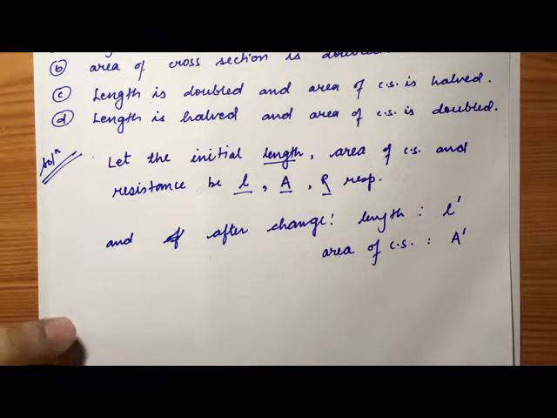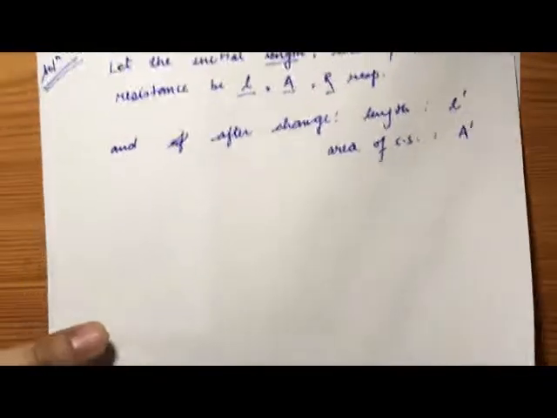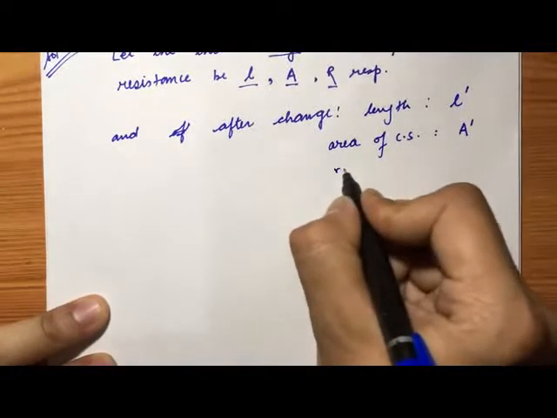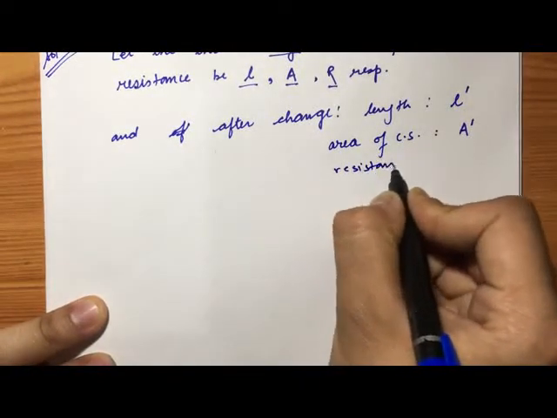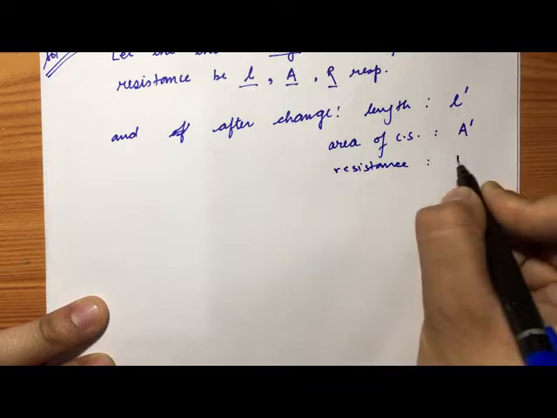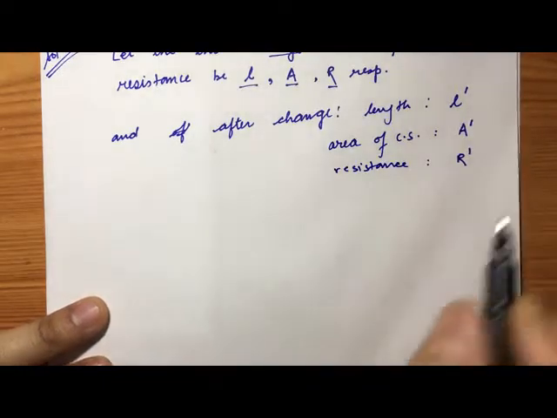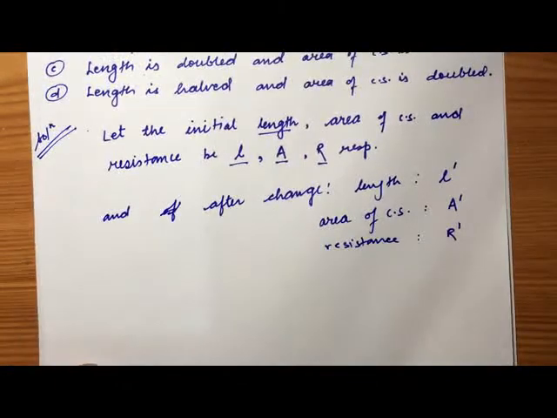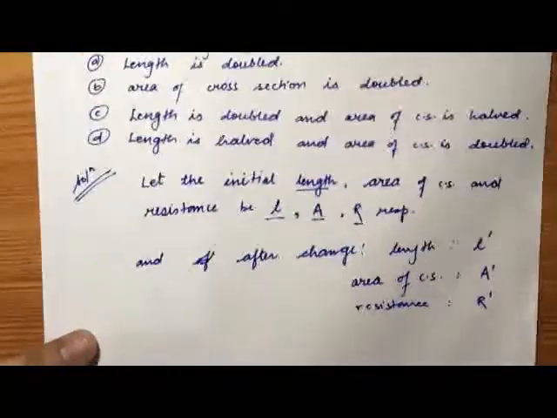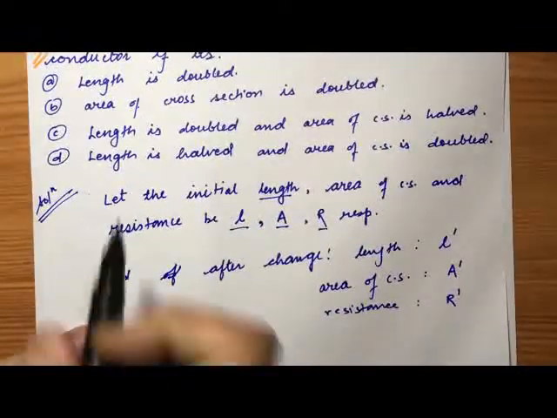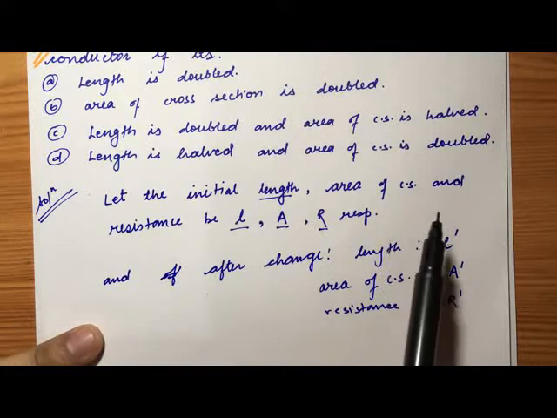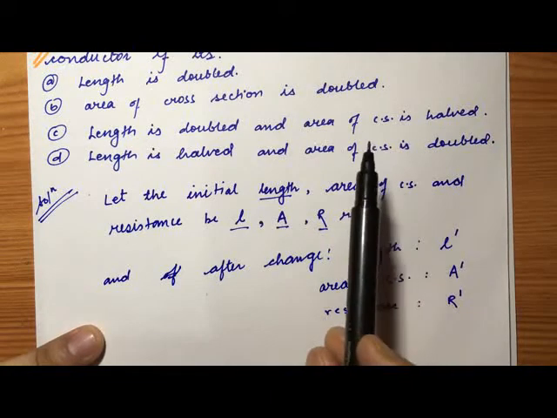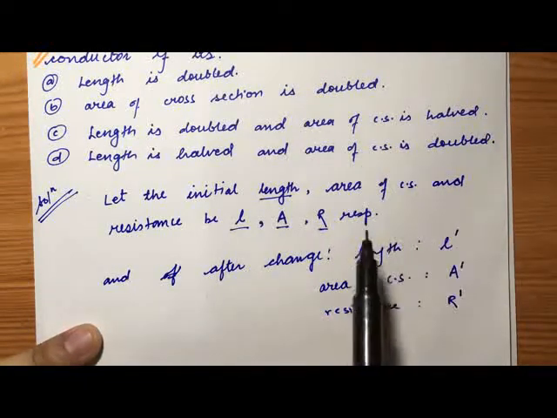area of cross section is A prime and resistance is R prime. Now, in such type of question, we have to consider that they're made up of the same type of material.